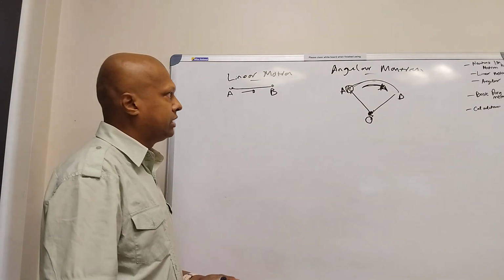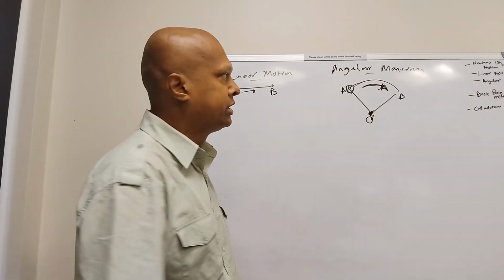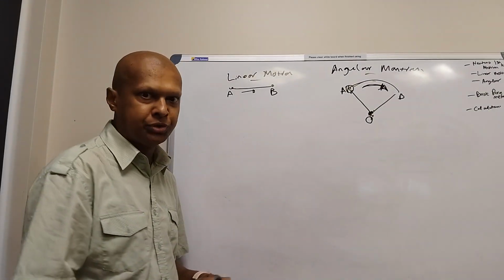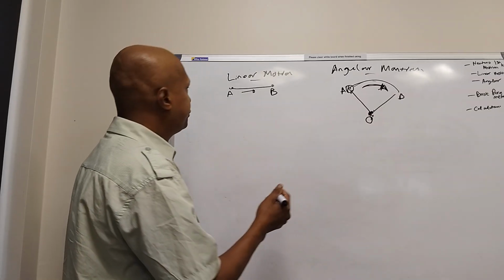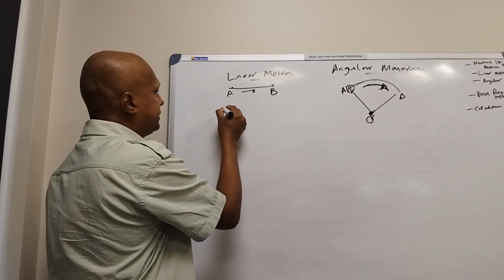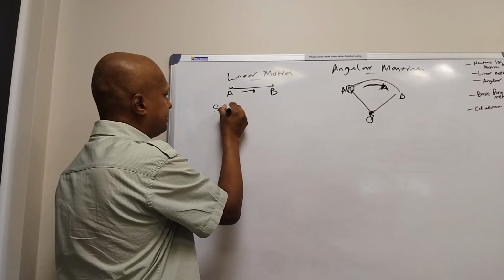So now let's discuss the formulas and the basic parameters we use in linear motion. Firstly, we use S. S is for displacement.